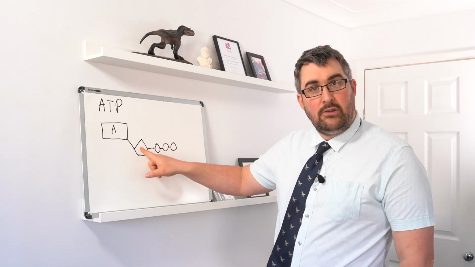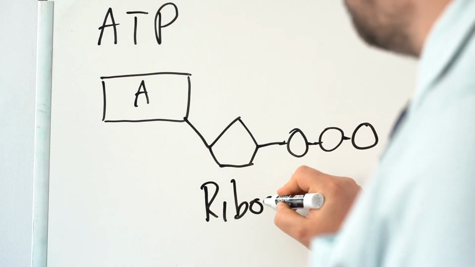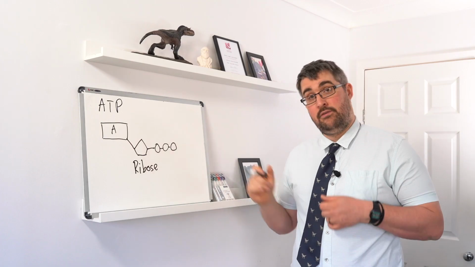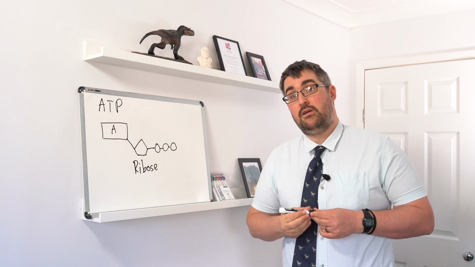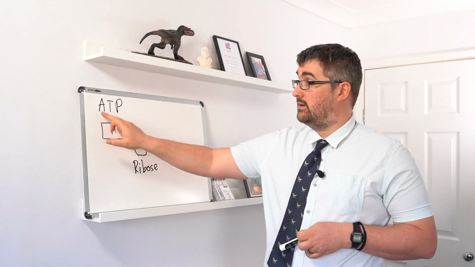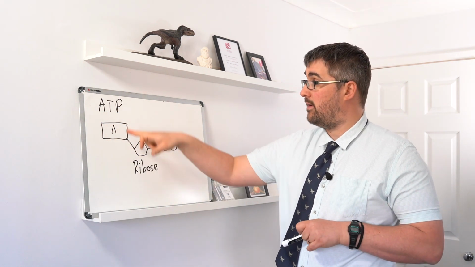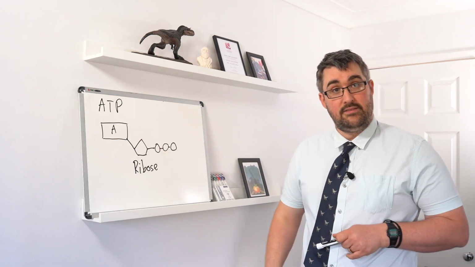It has a pentose sugar, which is always ribose. And instead of having just one phosphate group, it has three of them. So altogether, it makes a structure: adenosine triphosphate. The adenosine refers to the adenine and the ribose, and then the triphosphate is there.